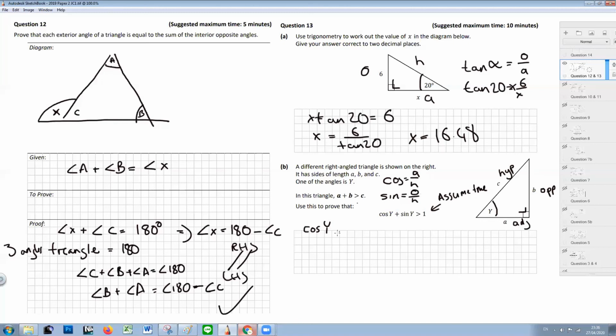So cosine y is going to be equal to, in this instance, A over C, because that's my adjacent and that's my hypotenuse. And sine of y is going to be my opposite, so it's going to be B over C.